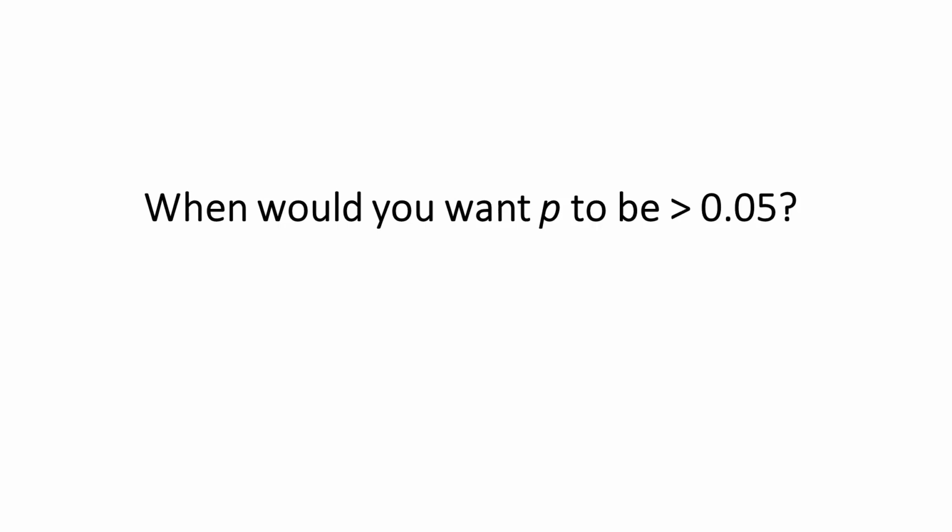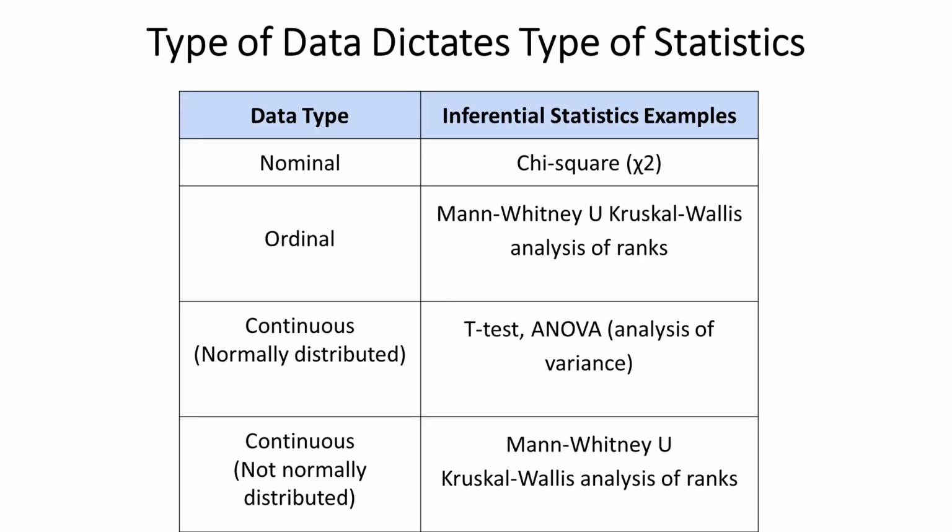So at the start of a study, when you're looking at the baseline demographics of the individuals who started the study, you want the p-value to be greater than 0.05. Remember, being greater than 0.05 tells you that there's really no difference at the start of the study between these two patient populations.